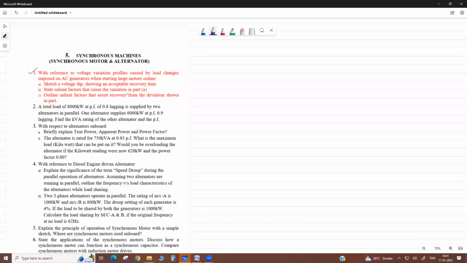When it is overloaded, the voltage dips because current increases suddenly. It depends on current, power factor, the starting current of the motor, the method of starting the motor, and then how to recover. Your AVR will help in that.